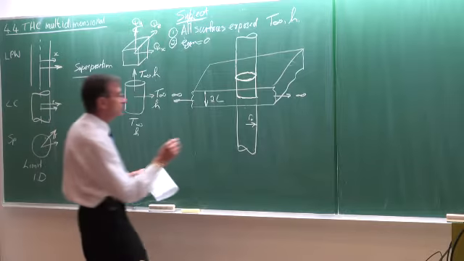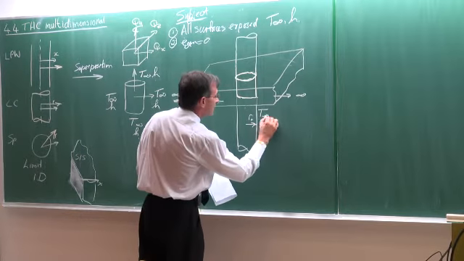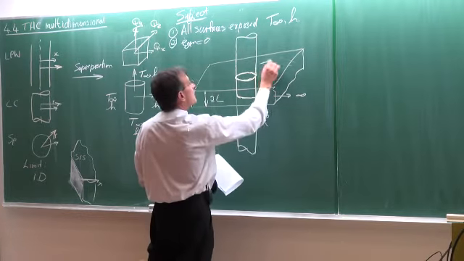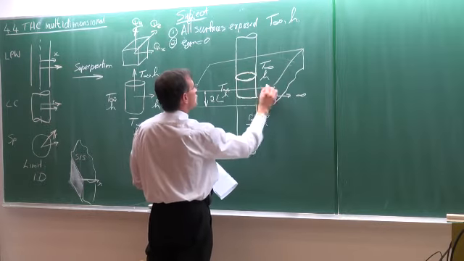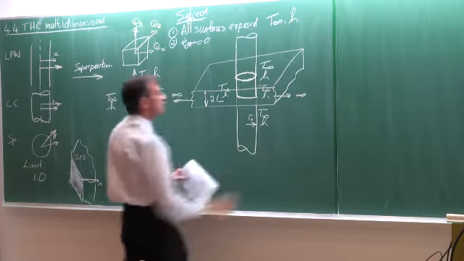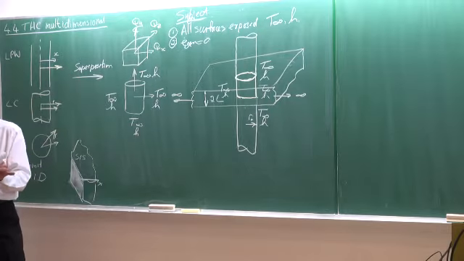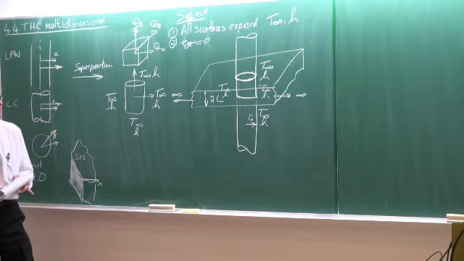And now very importantly is, as I've said, that on the outside, on all exposed surfaces, the temperatures and the heat transfer coefficients must be the same. Then the principle of superposition will work.